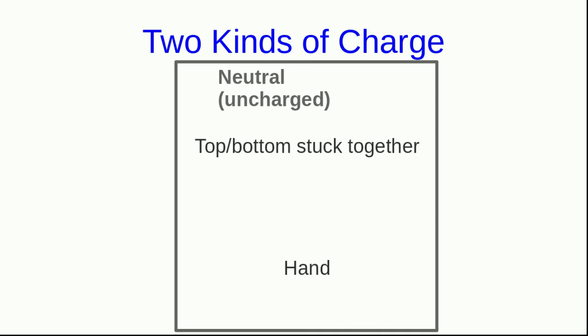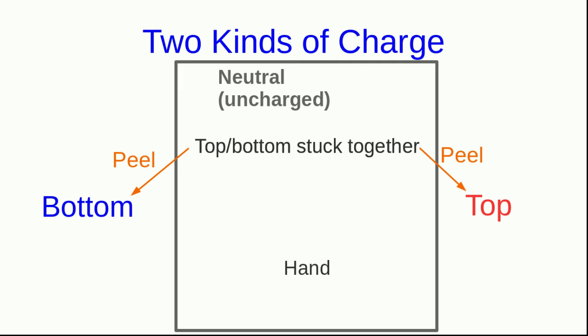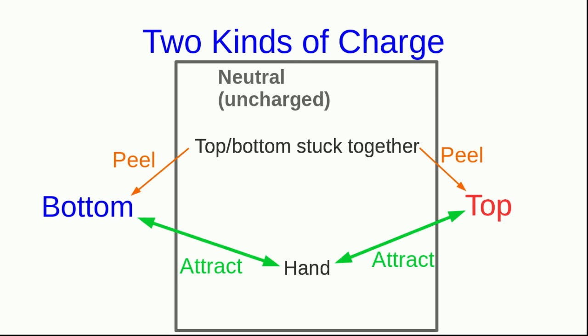Let's summarize what we've seen. We started off with a top piece and a bottom piece of tape stuck together, and it's neutral. It does not have any electrical interaction with other neutral objects like your hand. Then you peel them. You now have a top piece and a bottom piece. Both of those are attracted to neutral things like your hand, and so we conclude that they're both charged.